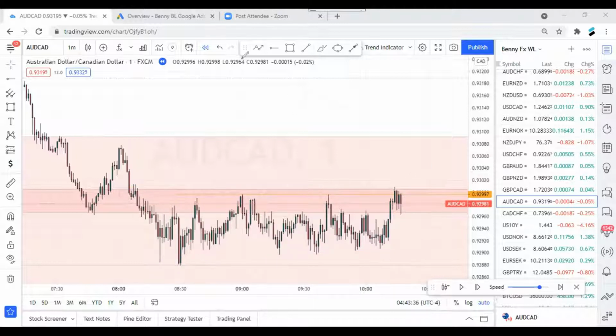So now what we have is price already broke the high, and it might come back to fill this gap here. And also, you see the potential liquidity that price might come back to.